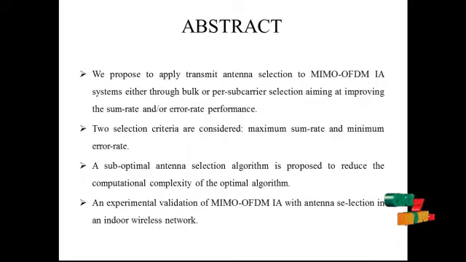Two selection criteria are considered: maximum sum rate and minimum error rate. A suboptimal antenna selection algorithm is proposed to reduce the computational complexity of the optimal algorithm, with experimental validation of MIMO-OFDM IA with antenna selection on an indoor wireless network.